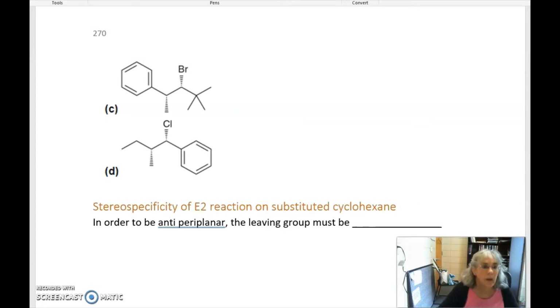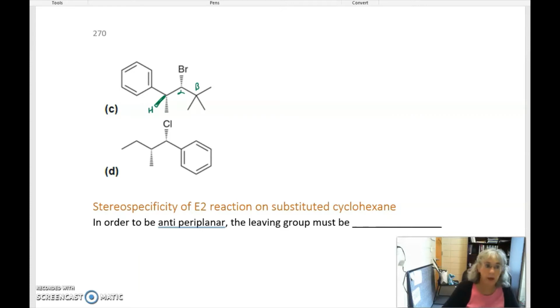So if we treat compound C with a strong base, this is our alpha carbon, this is a beta carbon, but there are no hydrogens here, so there will be no double bond formed between these two atoms. Here we have just one hydrogen, so this reaction will be stereospecific, not stereoselective.